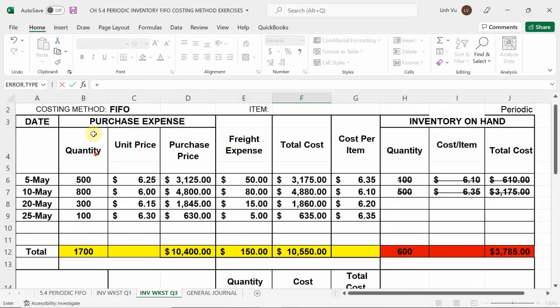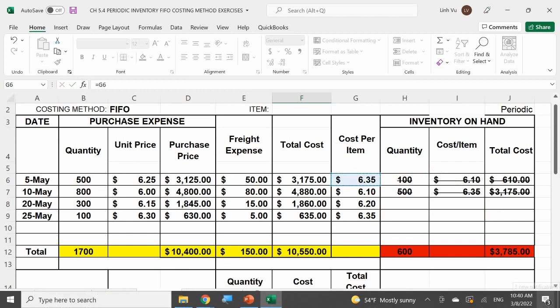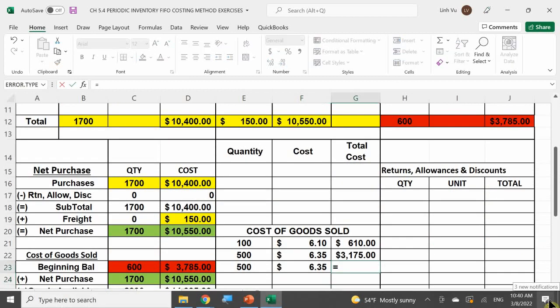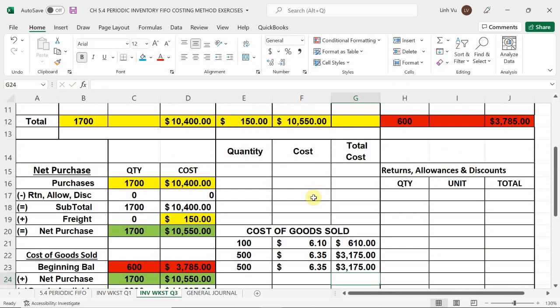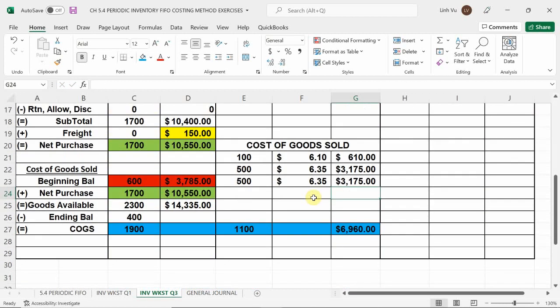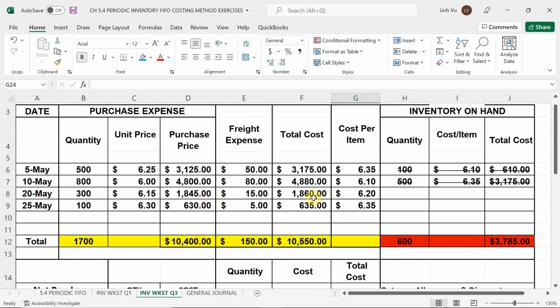And I know this is 635, and this is going to cost me the same amount, 3,175. Okay? So now that I got rid of that 600, how much more do I need to sell? You need to sell 800 more.